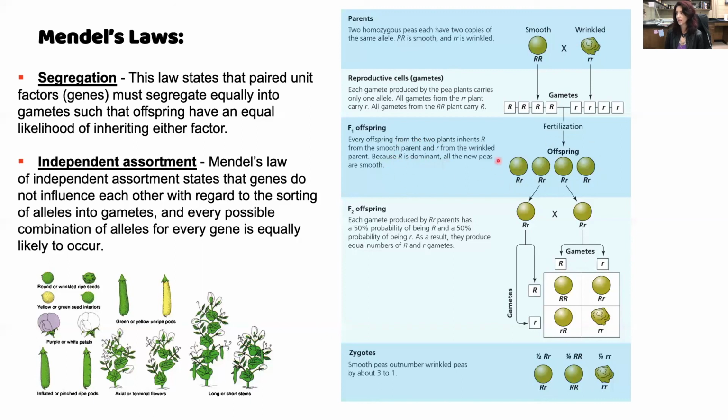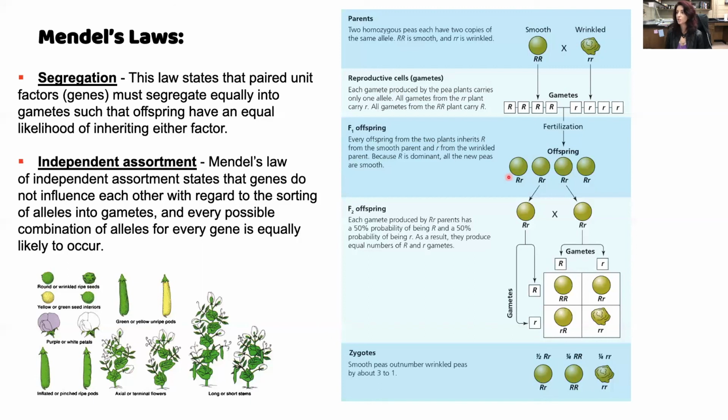Here are their offspring. The only possibilities that could have arisen, taking one allele from parent 1 and one allele from parent 2, is the condition of heterozygous dominant. It's called heterozygous because it has both the dominant allele, big R, and the recessive allele, little r.